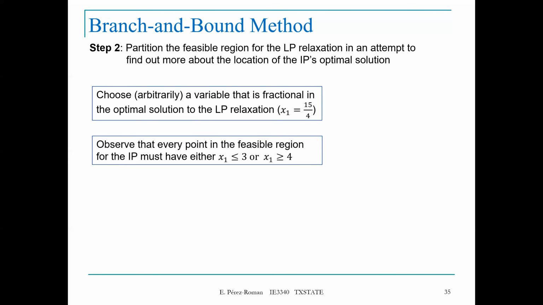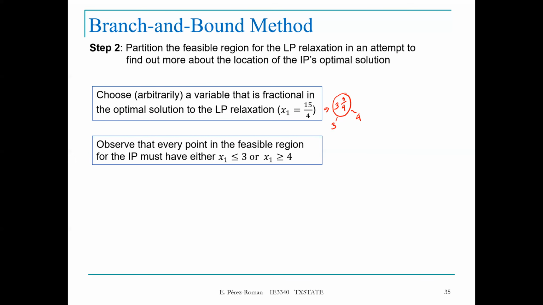Observe that every point in the feasible region for the IP must be either x1 less than or equal to 3 or x1 greater or equal to 4. This value is about 3 and 3/4, right? So the closest integer values are 3 and 4.